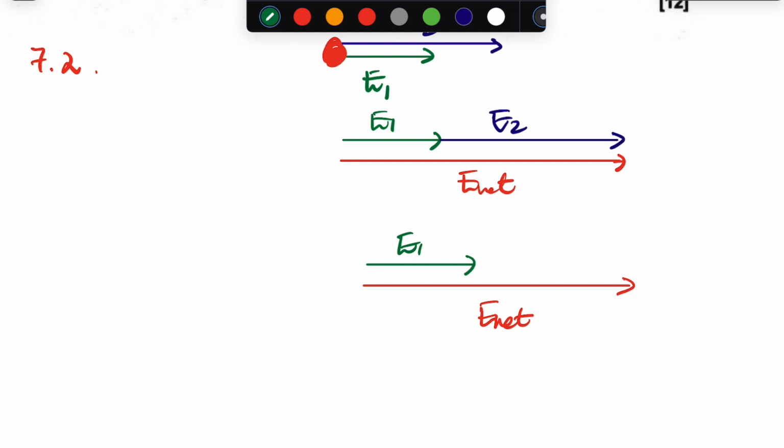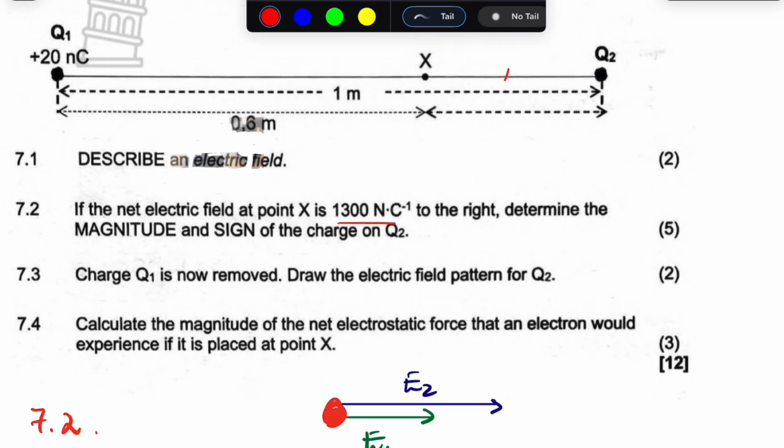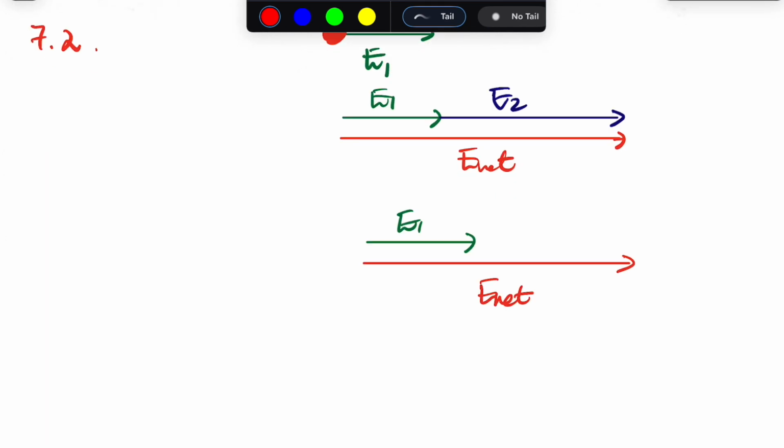And then what will be the direction? If you have that drawing and I want the electric field E2 of charge 2 on X, in which direction is it going to go in order to fulfill this? It can't go to the right. It can't go to the left, sorry. So the only possibility is that it will go that way, so it will resemble this one.